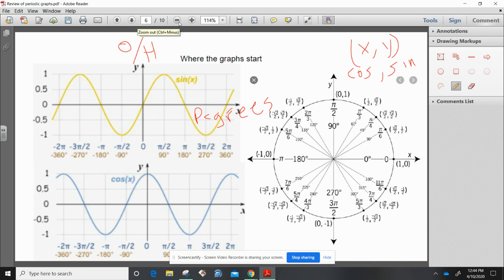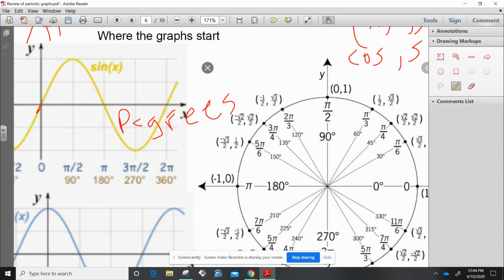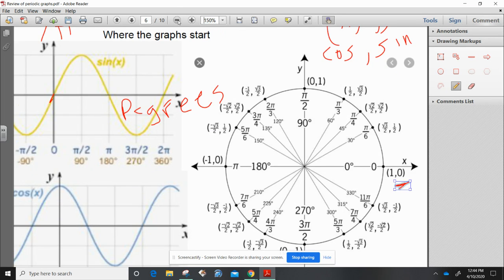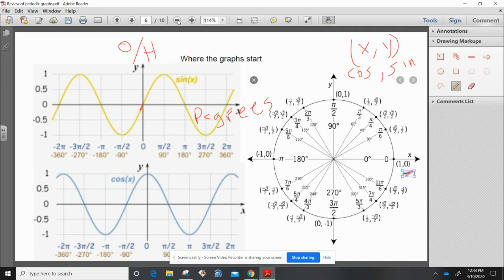Okay, so where the sine starts. The sine starts at 0 degrees, and if I look over here, the y coordinate at 0 is 0. Now if I go over to 90 degrees, the y coordinate is 1, right there.